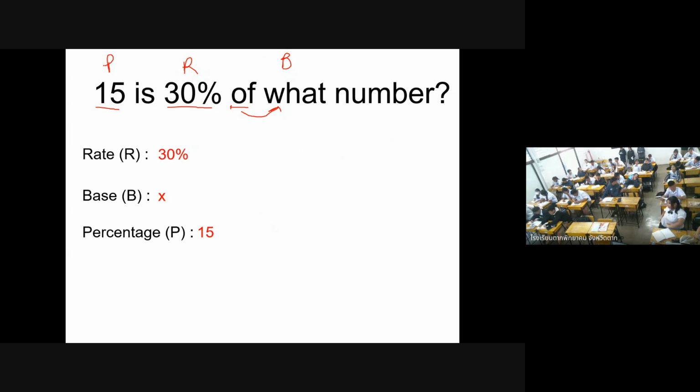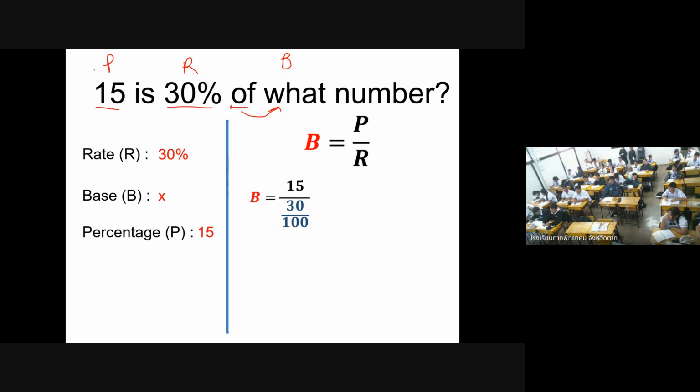Again, in solving for the base, B is equal to percentage divided by the rate. Here P is 15, and the rate is 30%, which is 30 over 100.